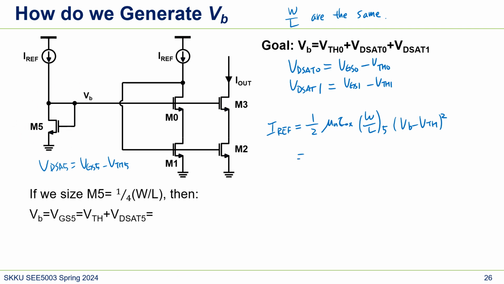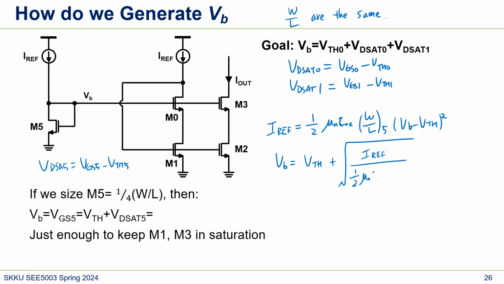So if we do some math, VB is equal to VTH plus the square root of IREF divided by 1/2 μn COX and W/L5, right? We get this value.